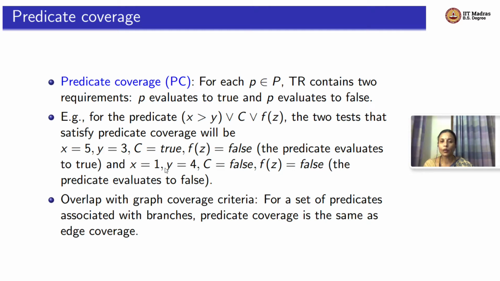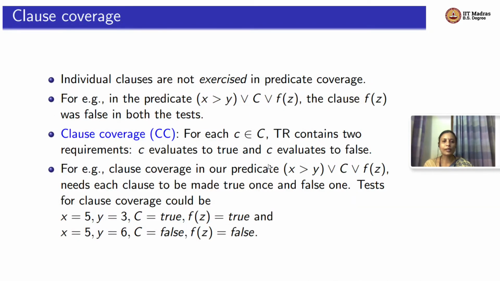In the second requirement, first clause evaluated to false. Similarly, for this one, c evaluated to true, and in this one, c evaluated to false. Right. In the third clause, f of z, we happen to assign f of z as false in both the cases. That's what is written here.